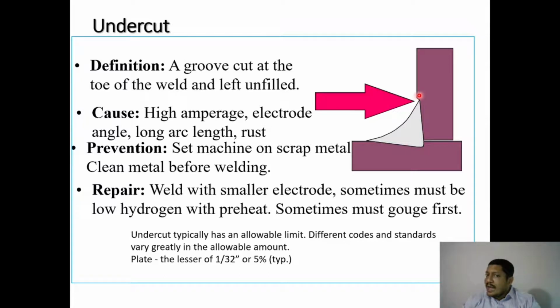And also, once you make the groove or whatever joint you are making, you have to ensure that these surfaces are properly cleaned.